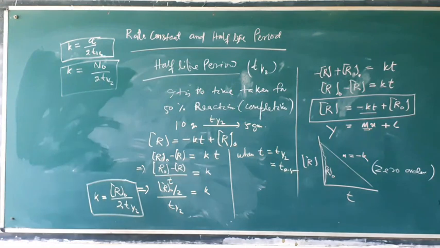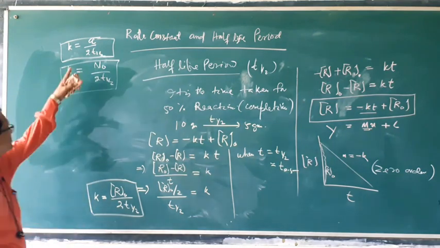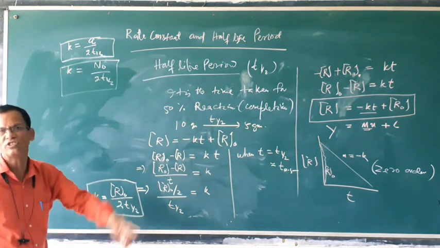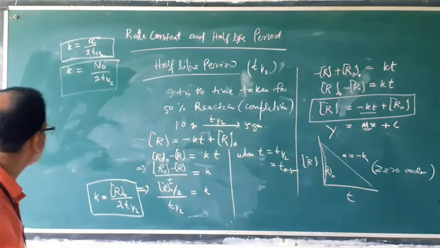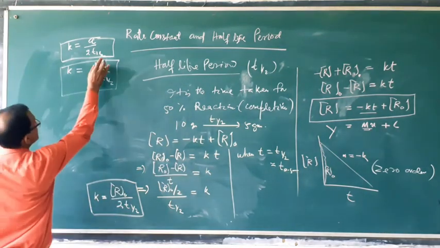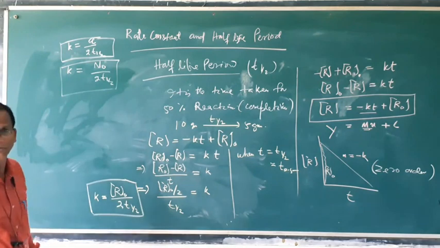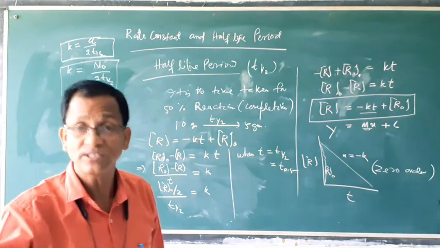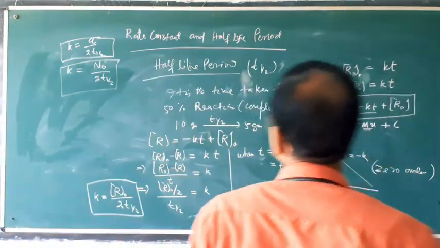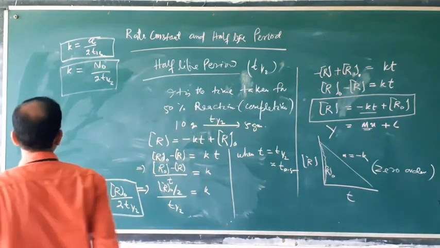Here R0, sometimes small a, sometimes N0, is the initial value. Only the symbol is different in different books. That's why I am telling you to remember it this way.